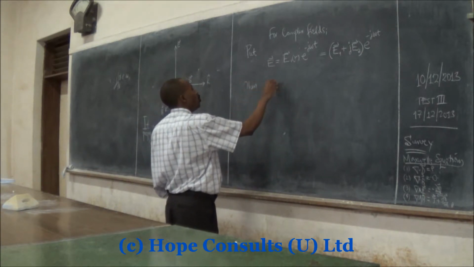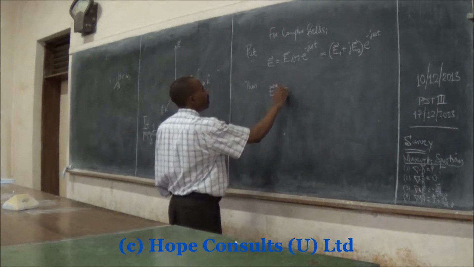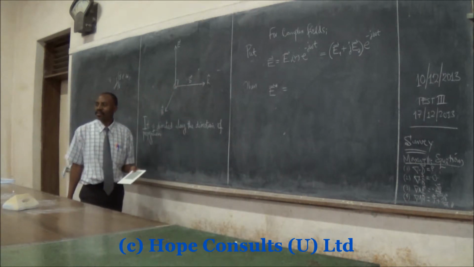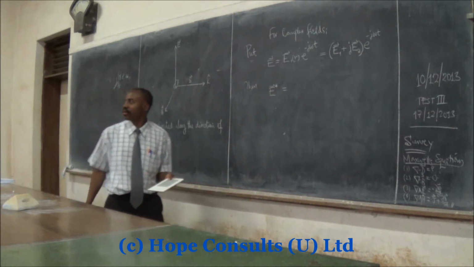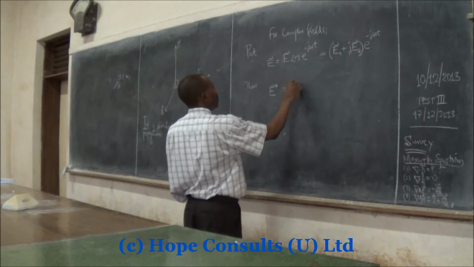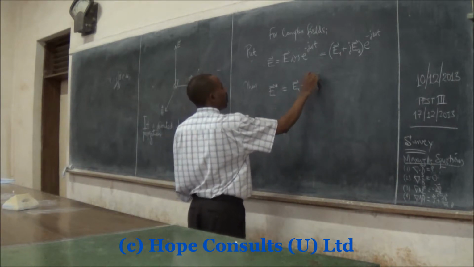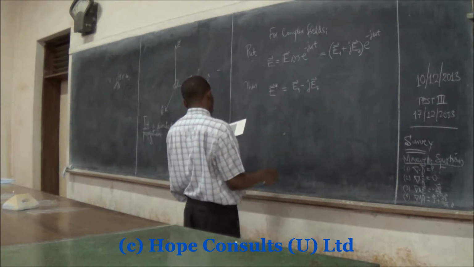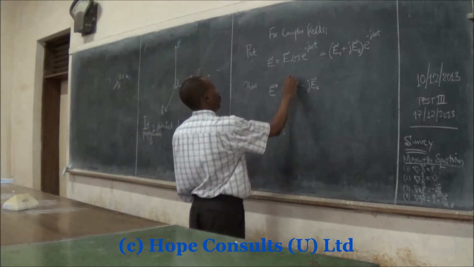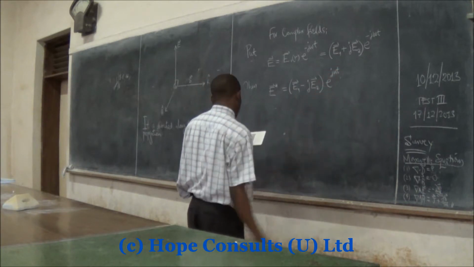The conjugate of our electric field would be the same as changing the sign of the complex component. So this would be the same as E1 minus j E2, and we have our exponential j omega t.